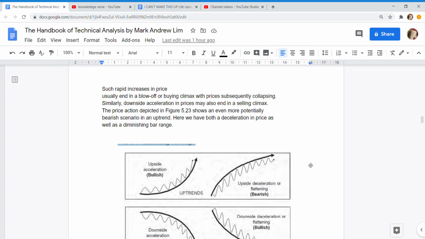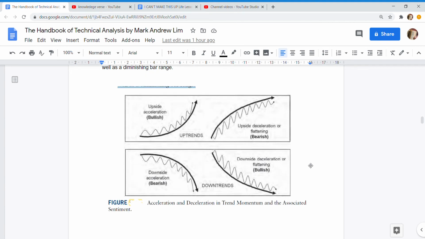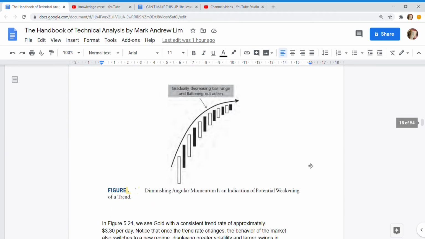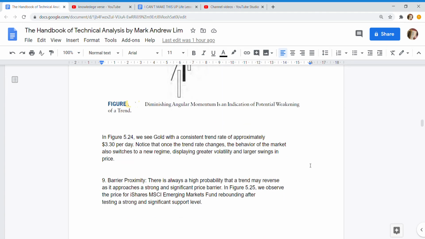Here we have both a deceleration in prices, as well as a diminishing bar range.